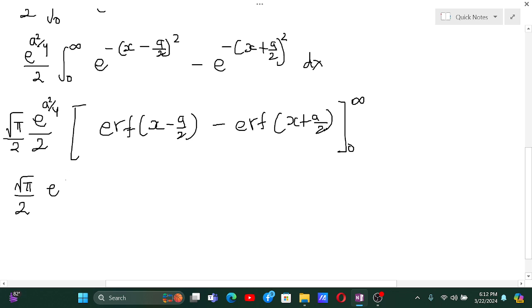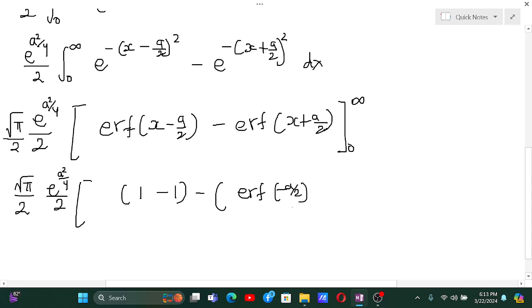Let me write it again. e to the power a square by 4 by 2, and at infinity erf of infinity is 1, minus erf of infinity is 1, minus at 0 this is erf of minus a by 2.